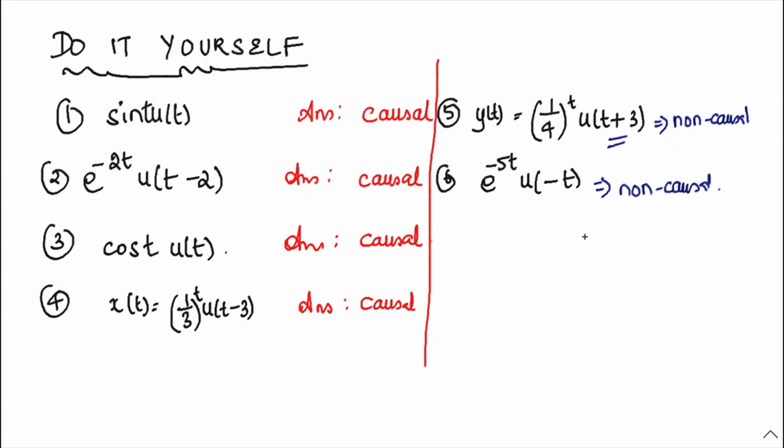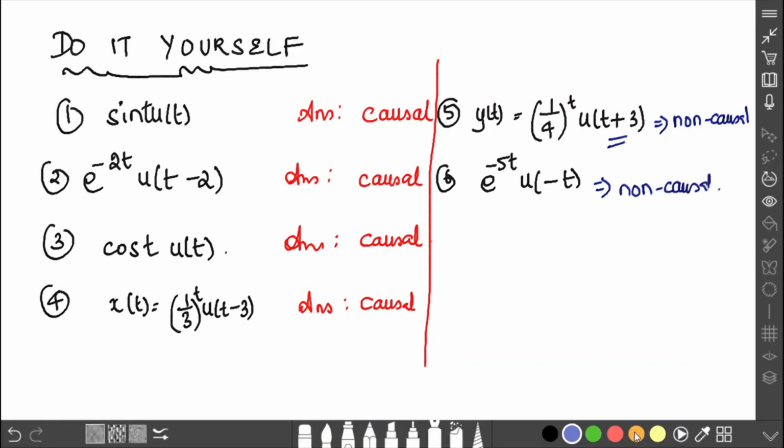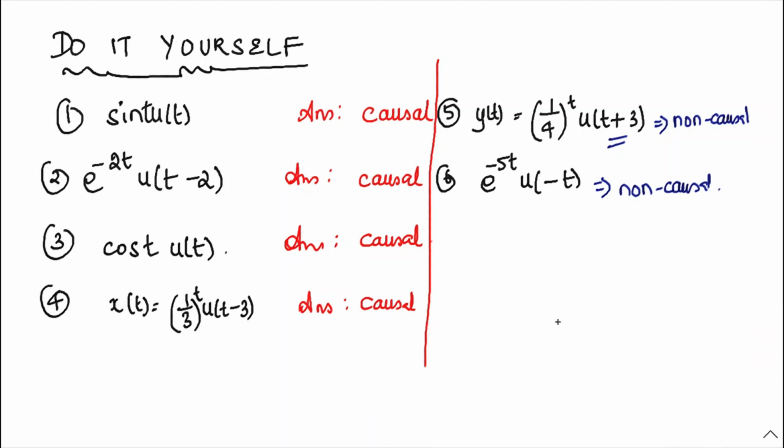For t greater than or equal to 0, the signal is said to be causal. For t less than 0, the signal is said to be non-causal. Based on that condition, please identify with respect to the graph, where the graph is shown with t less than 0 and t greater than 0. So it is 0 for all the negative times, whereas negative times means which comes with plus 3.